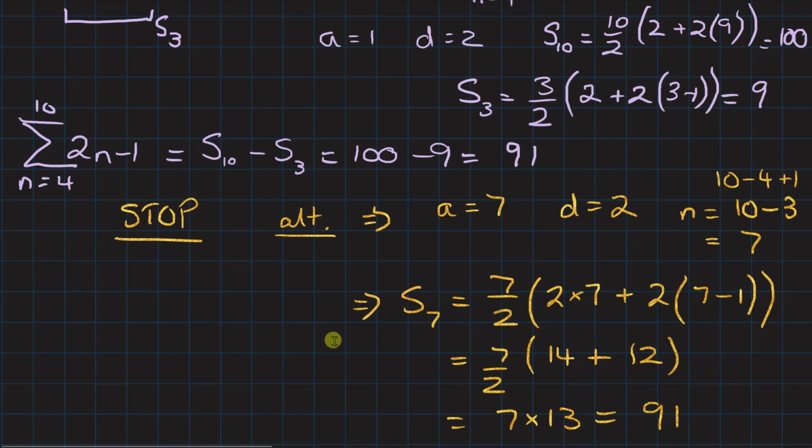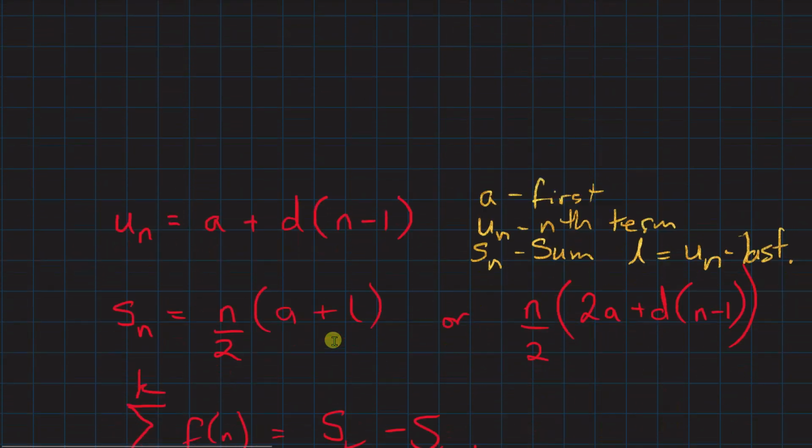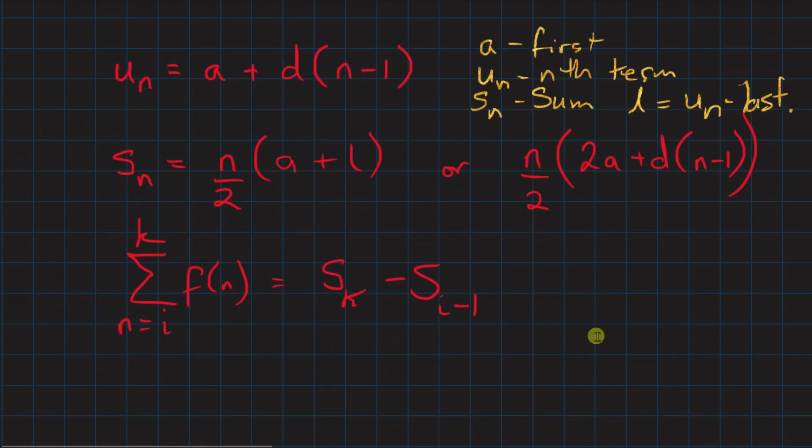So to finish up, let's do a quick summary of the formulae. We've redefined our sequence. Our sequence terms we now do in terms of the first term plus the difference times the number of steps needed to get from the first to whichever term is needed.